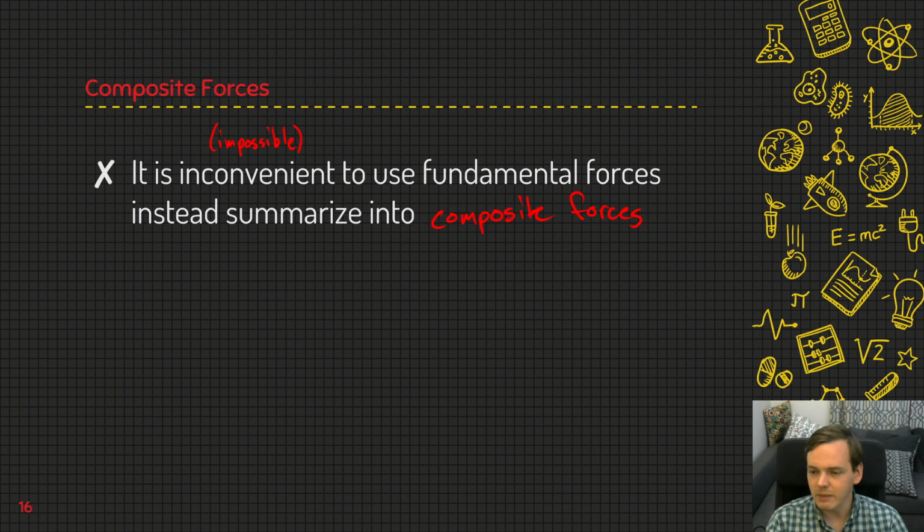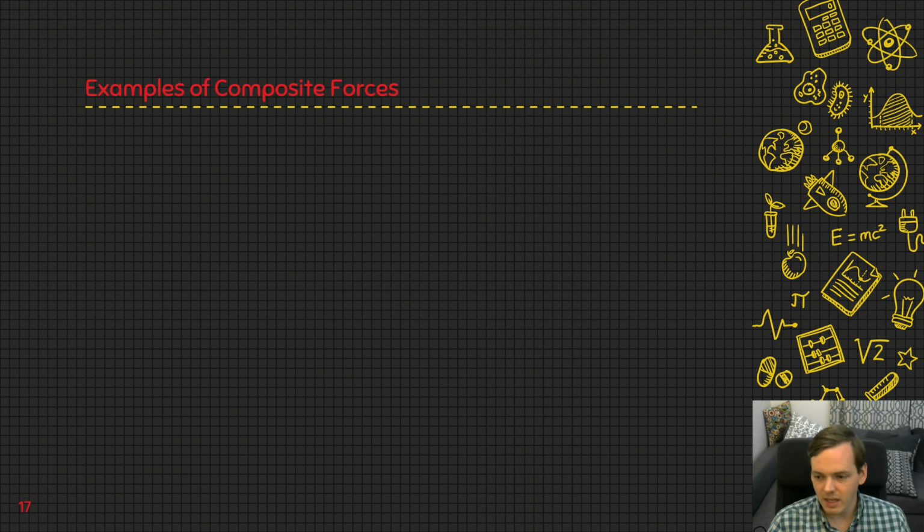Most of these common things that we see are actually just a bunch of electromagnetic forces all interacting, but that's complicated, so we summarize them into a composite force. So some examples here of composite forces.